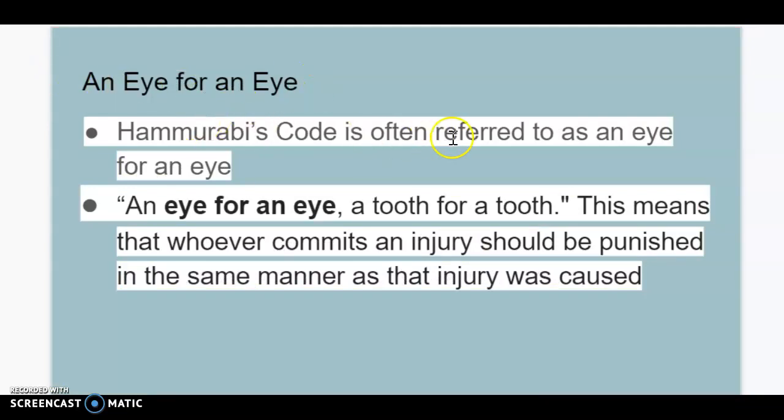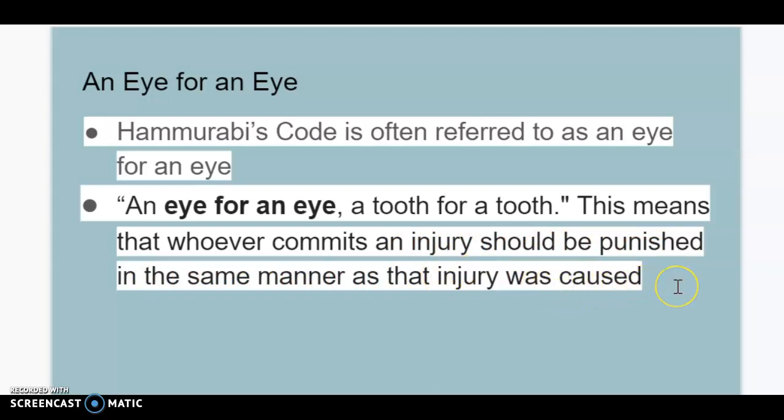It's often referred to this way specifically because of that example in that law that I just gave you, one of 282 of them. But it's also referred to as an eye for an eye and a tooth for a tooth. And this just pretty much means whoever commits an injury should be punished in the same manner as that injury was caused.